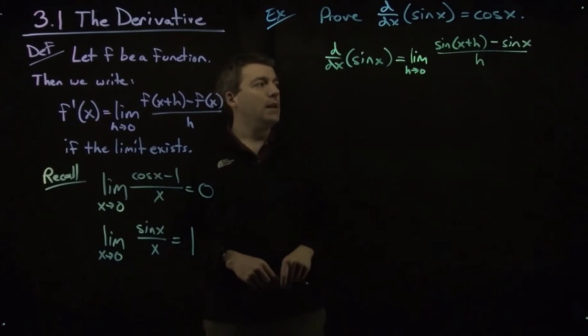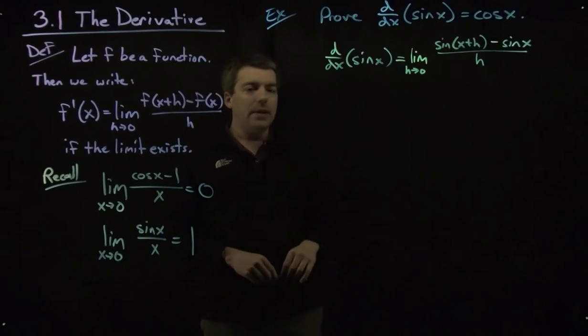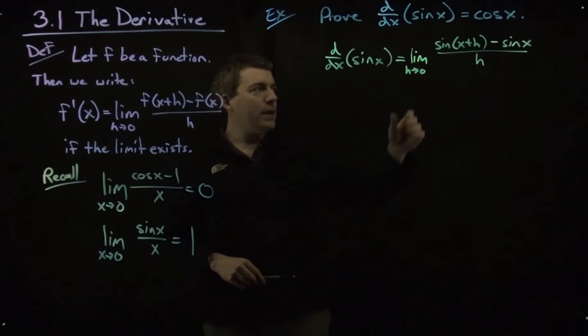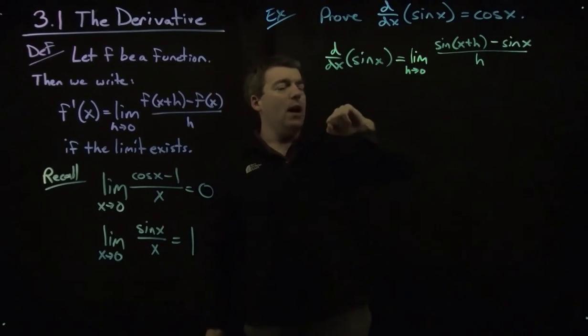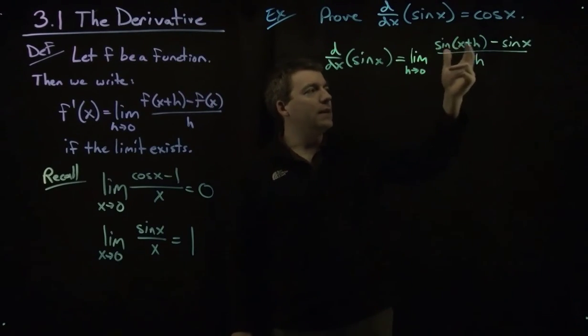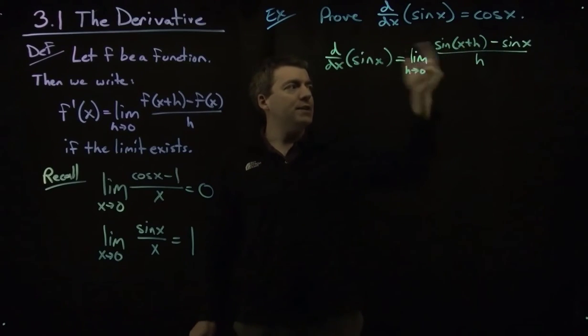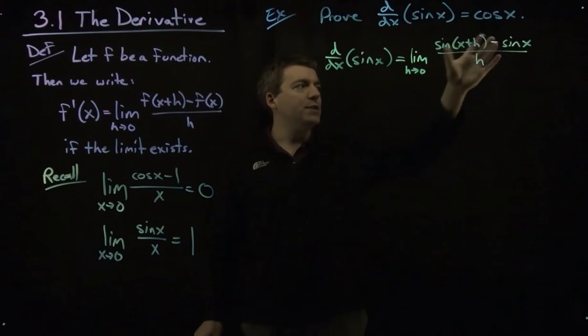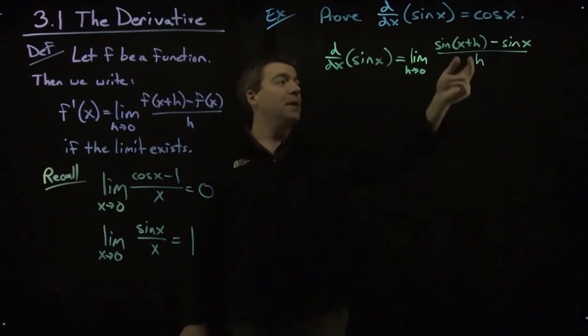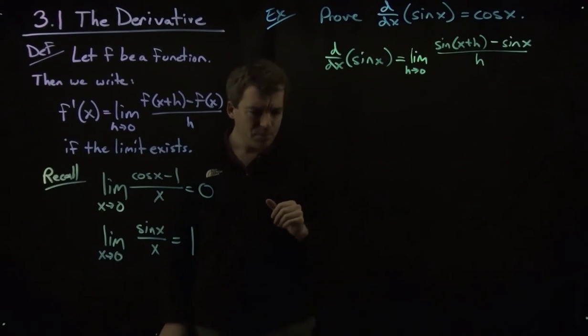Okay. So if we were to try to apply the limit here, h goes to 0, using direct substitution, it would not work. We would get sine of x plus 0 minus sine of x, which is 0, divided by h going to 0. 0 divided by 0.